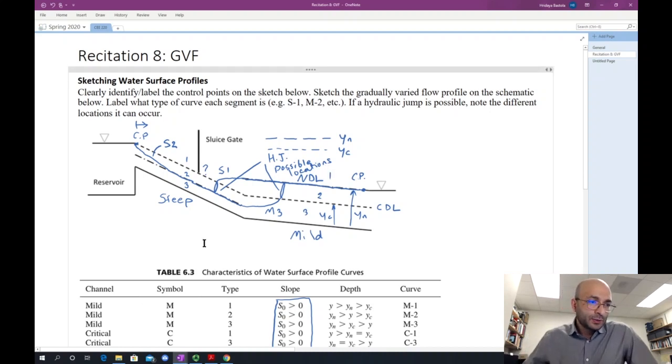Okay, so now conceptually we know what the water surface will look like. There is going to be a hydraulic jump. We pointed out both the possible locations for the hydraulic jump.